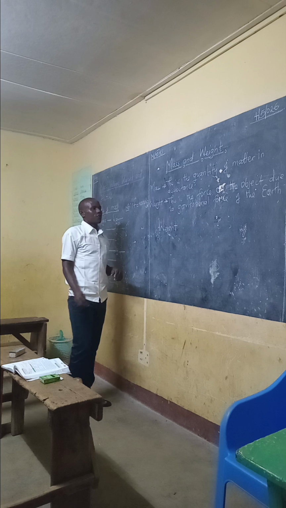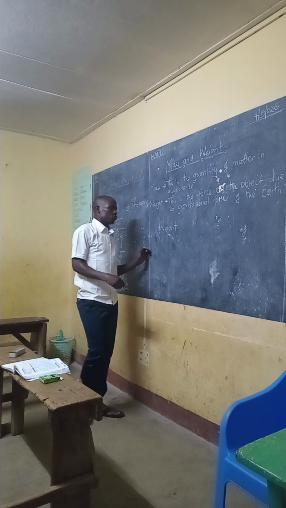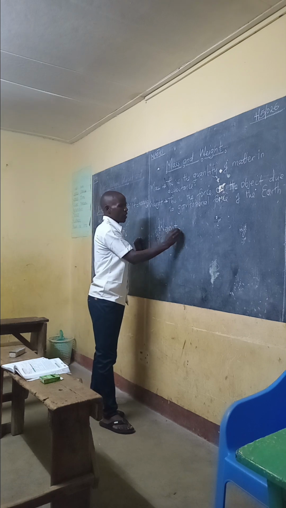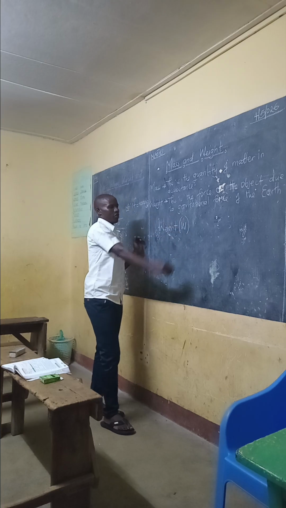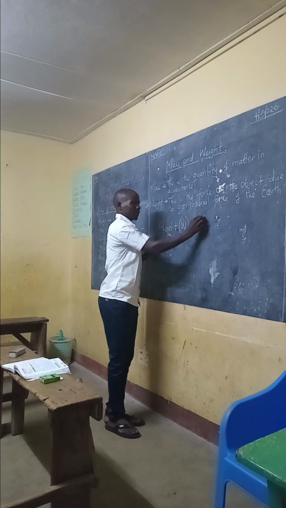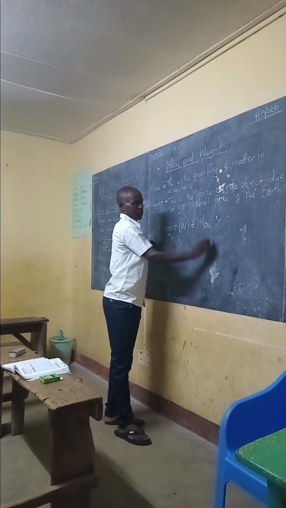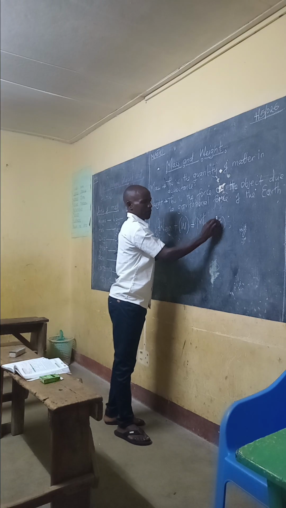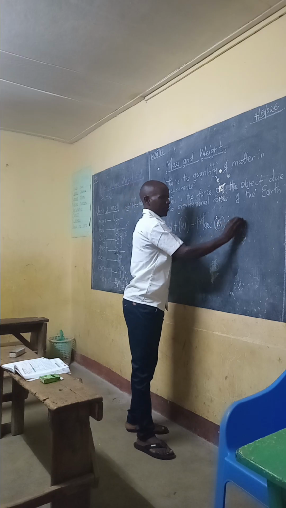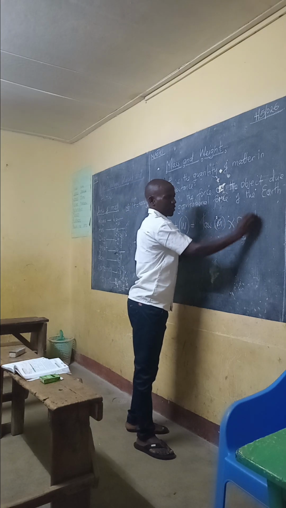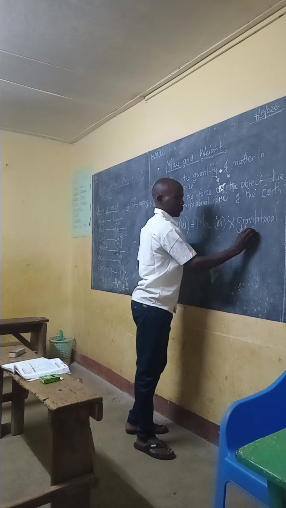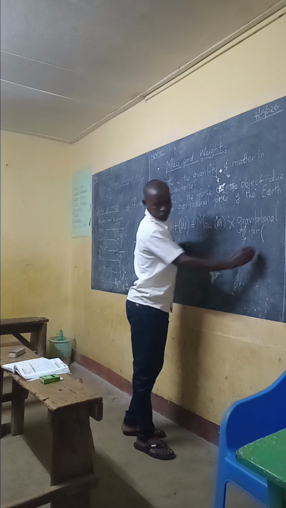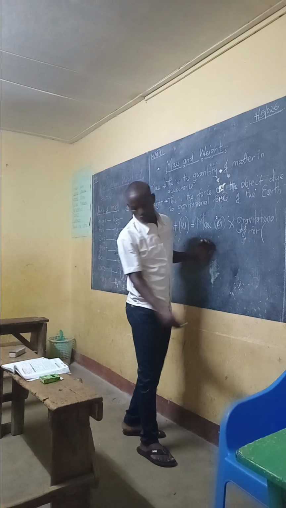Because weight is a force on the object due to gravitational force of the Earth, weight, denoted by capital W, is given by mass, which is m, times gravity, denoted by g.